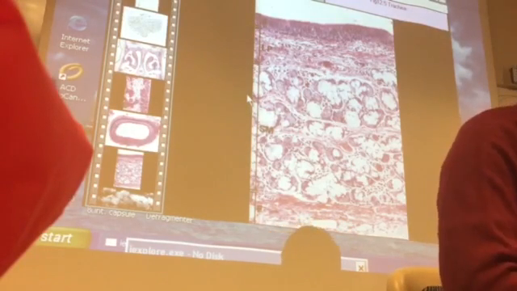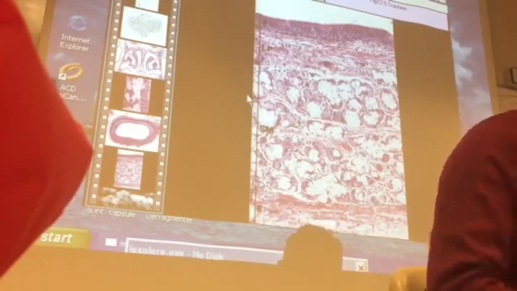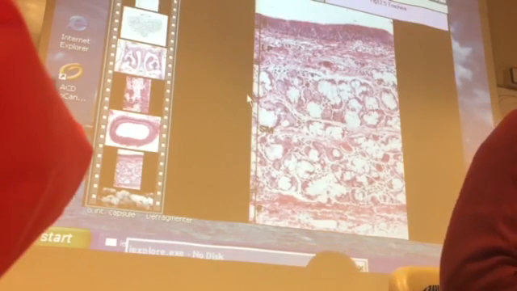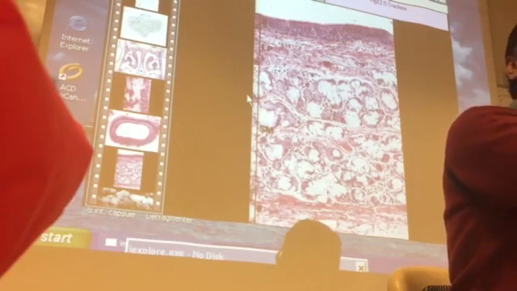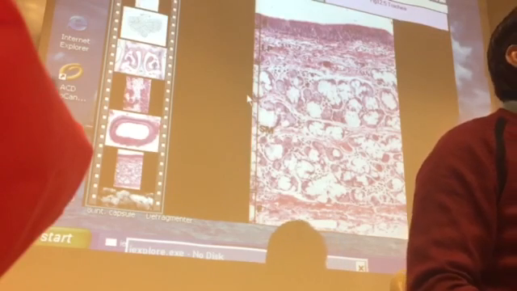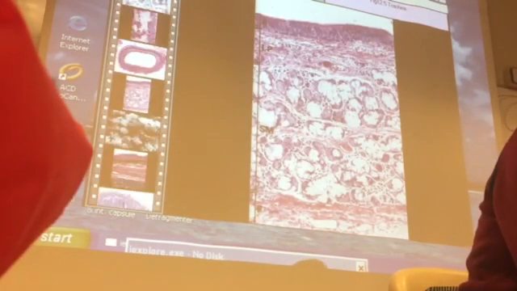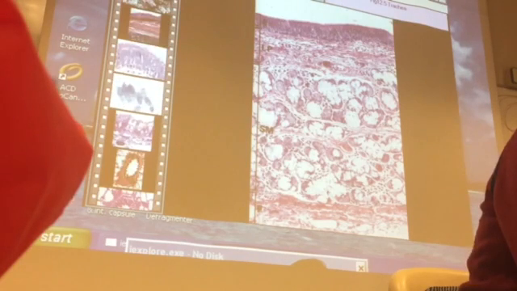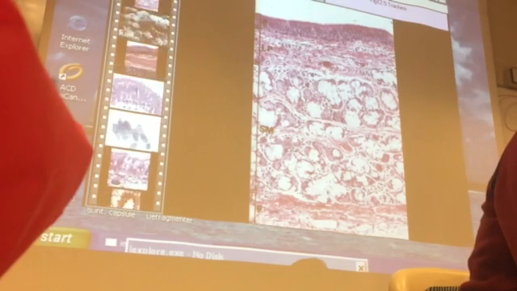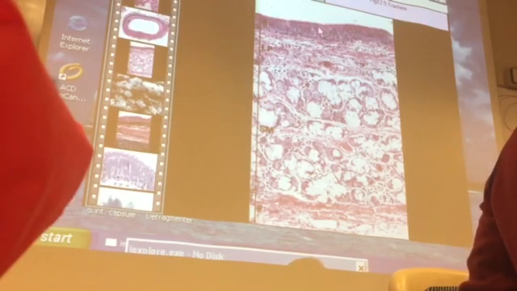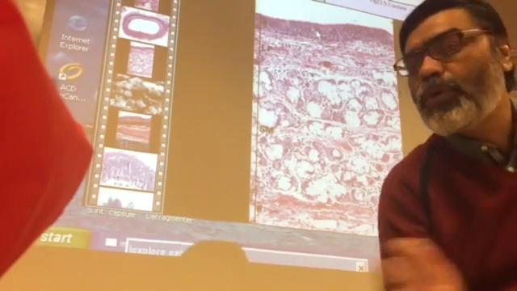And this epithelium has 5 types of cells. This is important. How many types of cells? 5 types of cells are present in this epithelium. Now let me have some close picture and show you the types of cells. Okay, I don't have it, so now I can make it on the board.